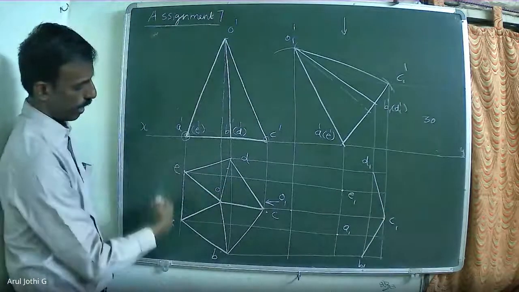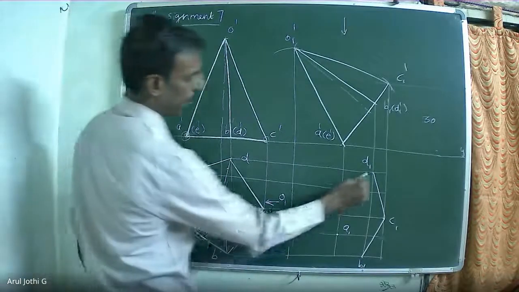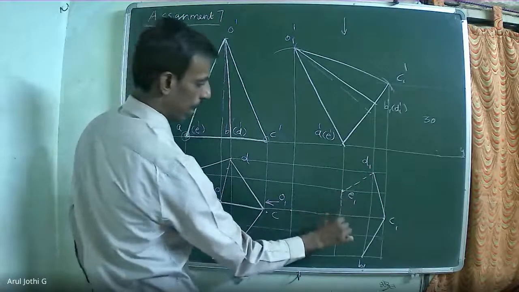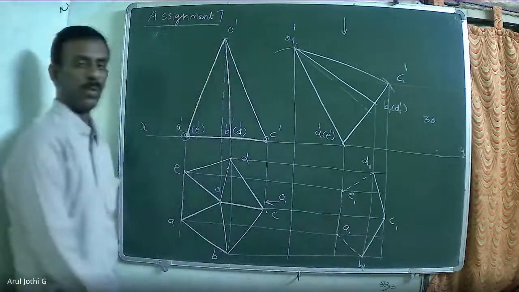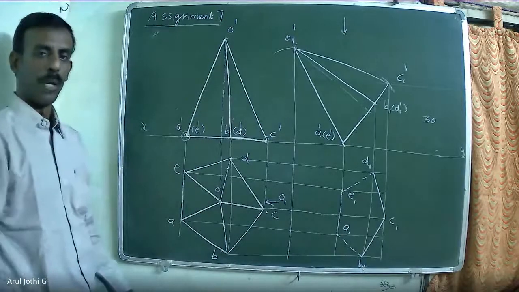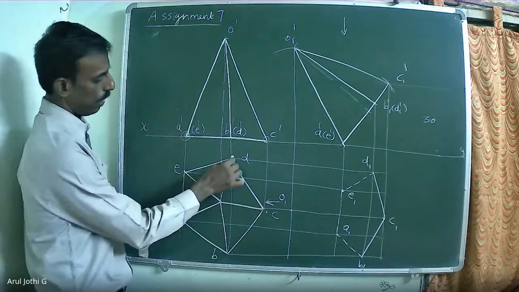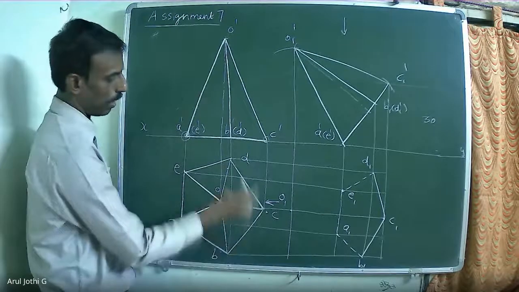What are the base sides available at the back side? DE, AB will not be visible. So DE, AB should be shown as a dotted line. How to find out the visible and invisible edges? Corner D is visible. So DO, CO, BO are available at the front. That will be visible.